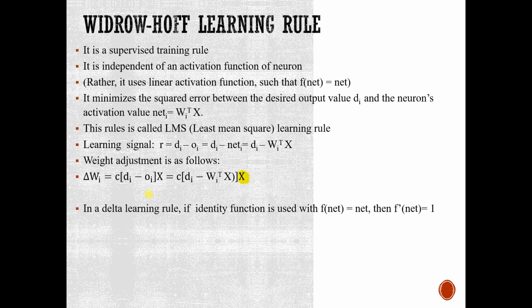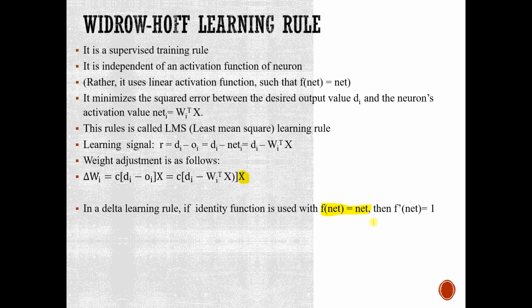Now in delta learning rule we have seen that it uses a unipolar or bipolar sigmoidal function, and f of net is used as well as f dash of net is used. If that f of net which was used in delta learning rule is an identity function, then f of net is equal to net. And what will be the derivative?